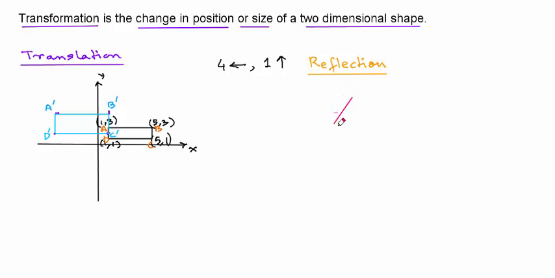When a given shape is reflected about a line, the line actually acts as a mirror, and you see the same thing on the other side of the mirror at the same distance as in front of the mirror. So if this triangle were to be reflected about this straight line, the new position would be something like this.